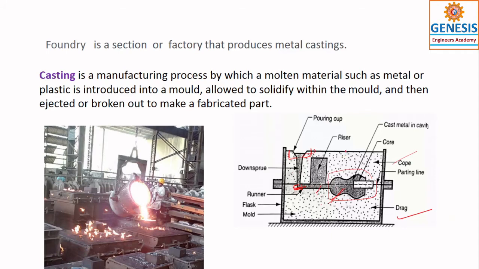In some cases the riser will be placed here, and if it is not visible to us, it is called a blind riser. If it is visible, then it is simply a riser. You know the purpose of all these things, so I don't want to go into the details.